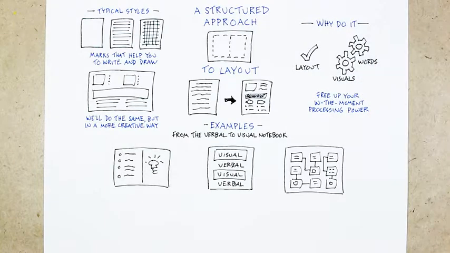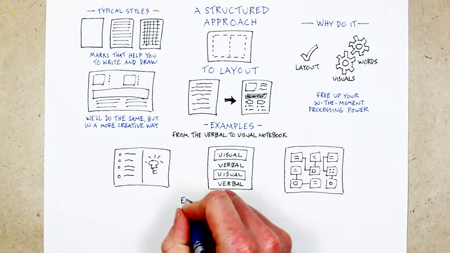This type of structure limits your layout options in a potentially useful way. And the nice thing about it is that you get to decide what exactly that structure looks like. If you think that one of the templates that I have included below will work for you, then great, use it. But if not, then create your own, one that is nicely aligned with your specific context and your goal.